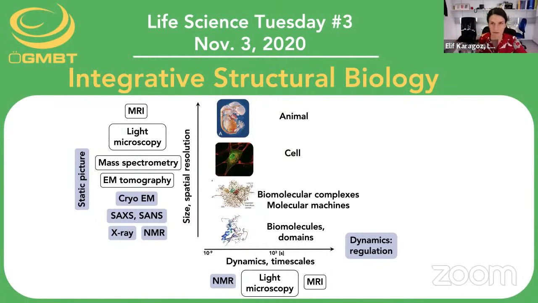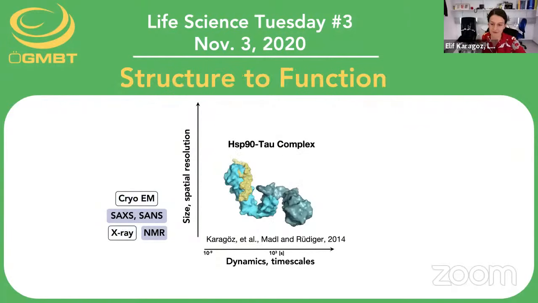And we would like to give you some examples of how integrative structural methods basically provided mechanistic understanding to functional biological processes. One of them is actually the work of Tobias's and my collaborative efforts on solving the structure of the HSP90 chaperone with one of its clients, tau.